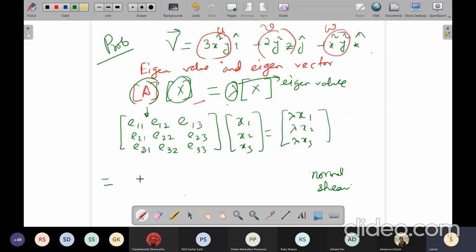So let us now simplify this one. So E11 minus lambda, E12, E13, E21, E22 minus lambda, E23, E31, E32, E33 minus lambda.